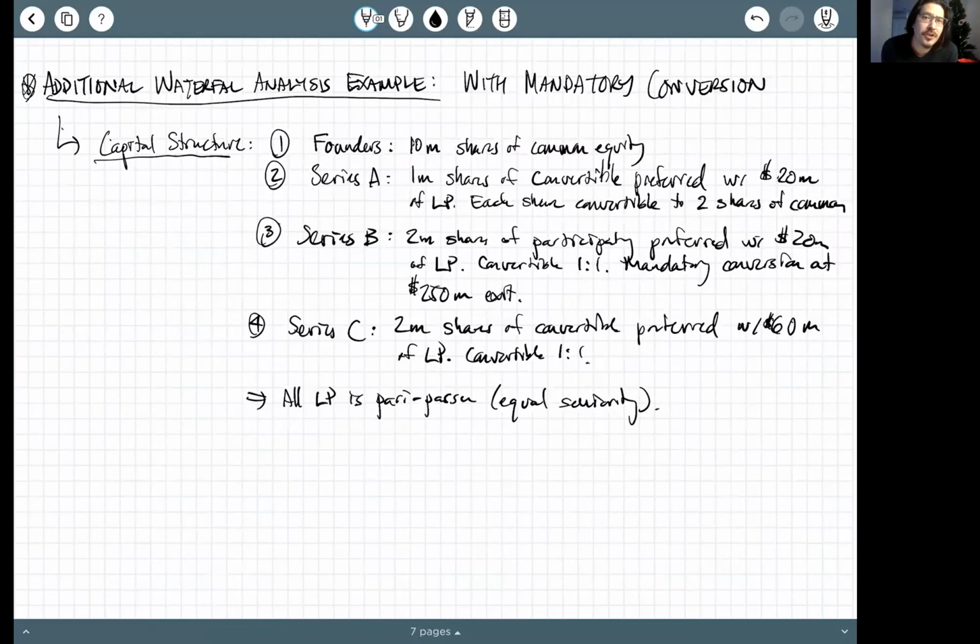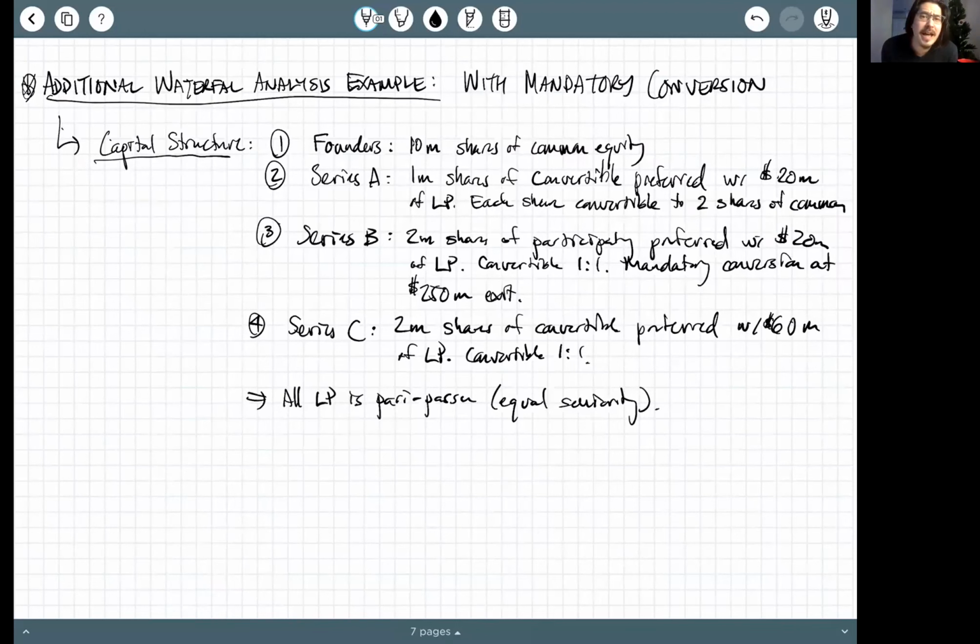You'll either have a security with mandatory conversion like we have here, or you'll have a security that's participating preferred with a cap like we had in our last example. I won't give you guys an example where there's both of those because that just substantially increases the complexity and time to solve a problem. So you can pretty much assume that you'll have at most one of those 2 securities, but not both.